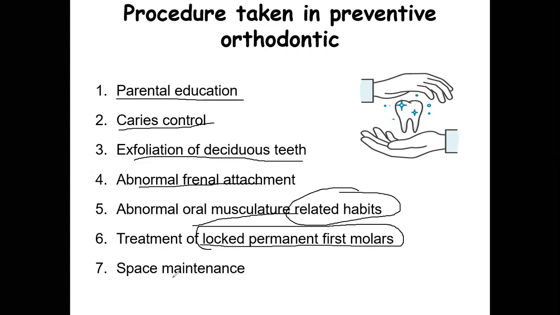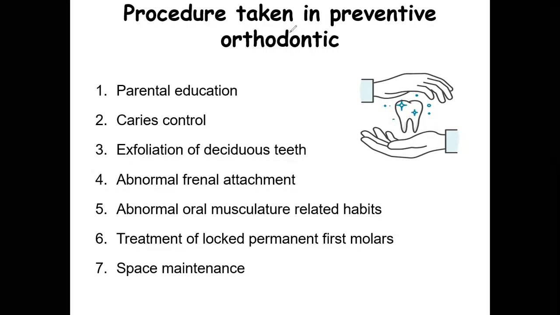And finally, the treatment with space maintainers. These are all the steps which we take during preventive orthodontics. I will try to explain each of these steps in a detailed and easy way.